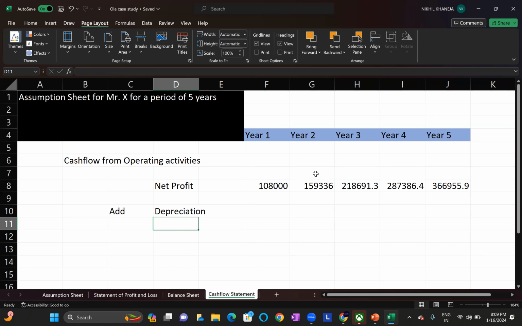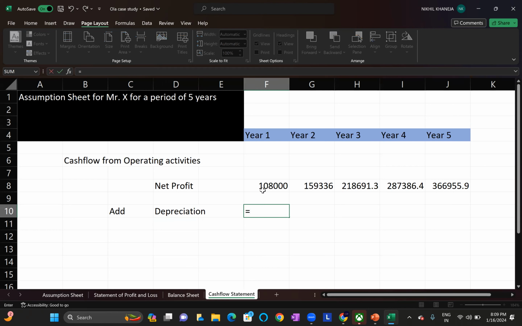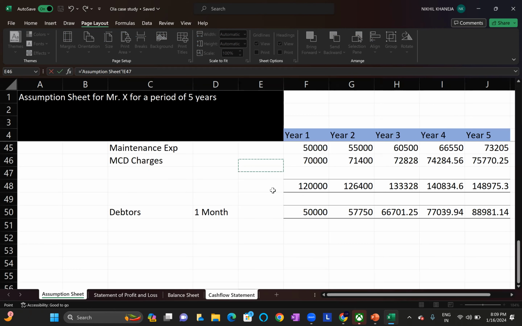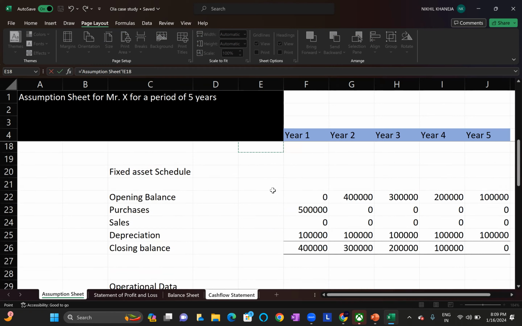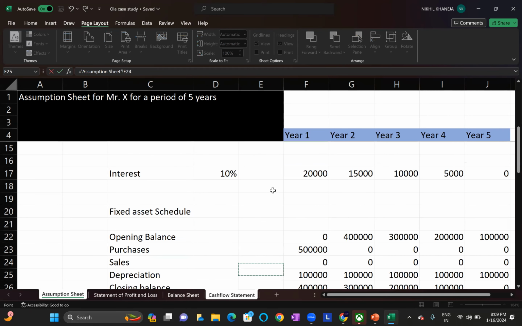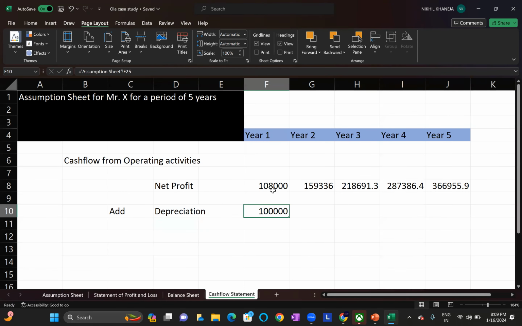So there is no use of non-cash expense. Depreciation is nothing but a fall in the value of an asset due to wear and tear, passage of time, and obsolescence. As depreciation is a non-cash expense but it has been deducted while calculating net profit, I am adding it back. This is my depreciation. Control C.